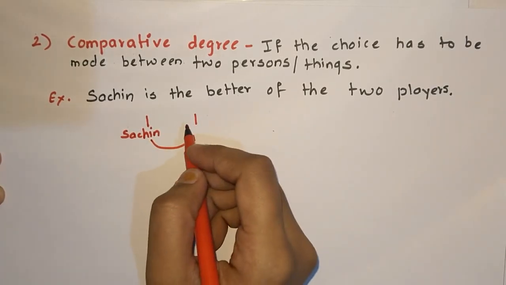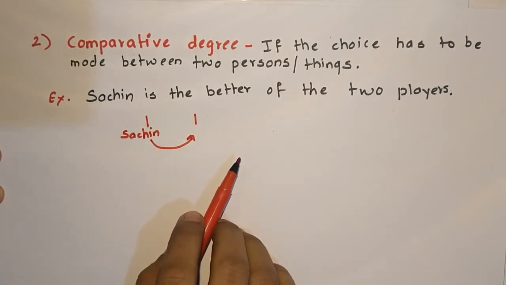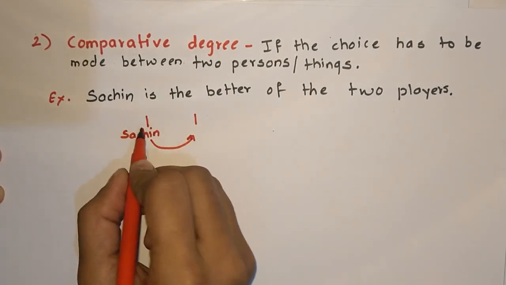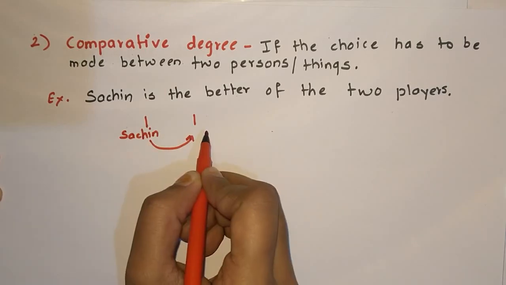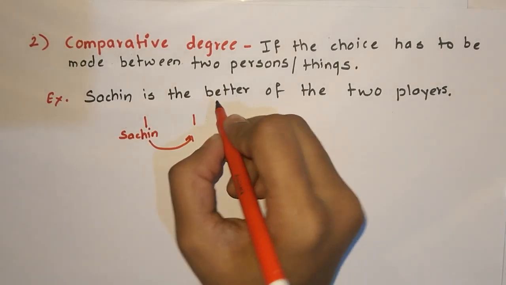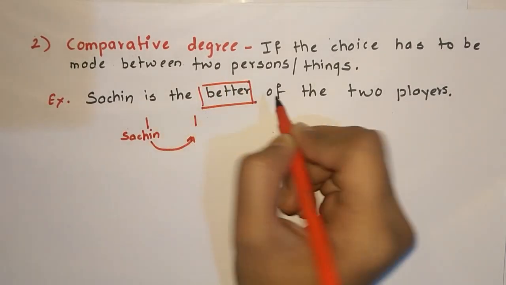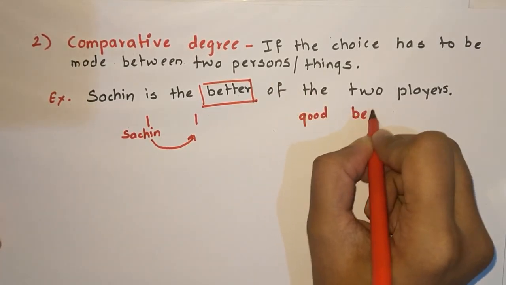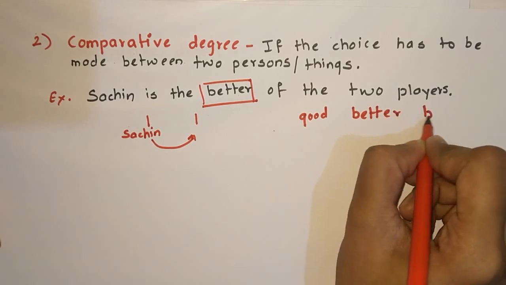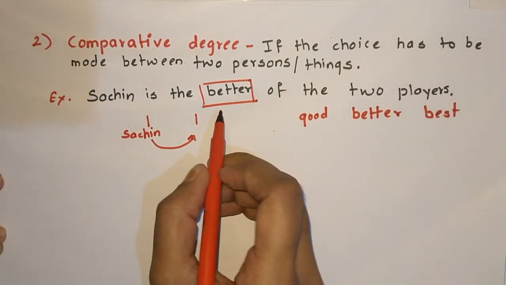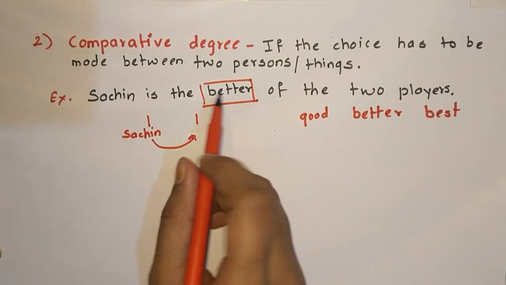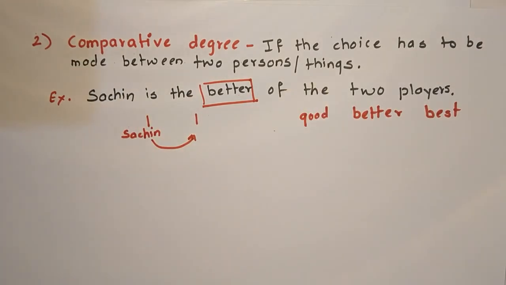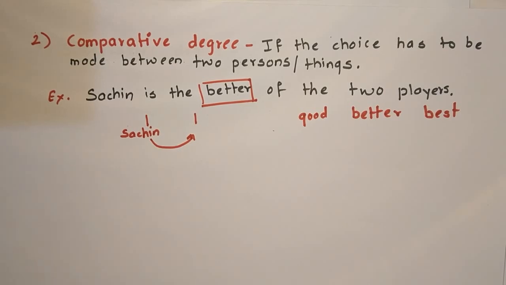So here we are making a choice between two persons or two things, and hence we used comparative degree, better. Good, better, best. We used comparative degree over here as we are making a choice between two persons, Sachin and one other person.